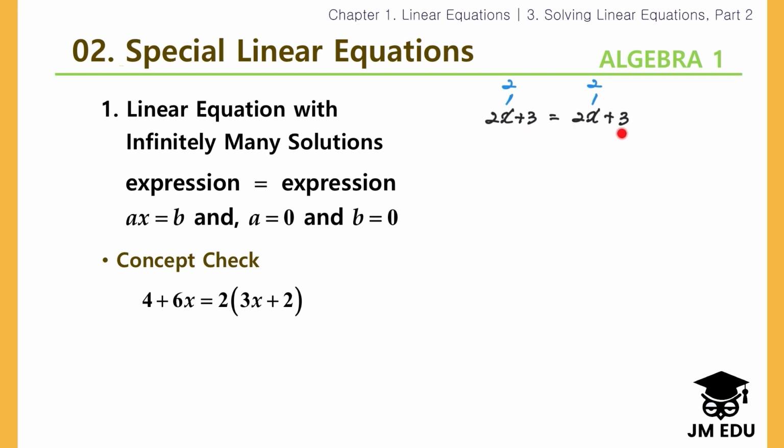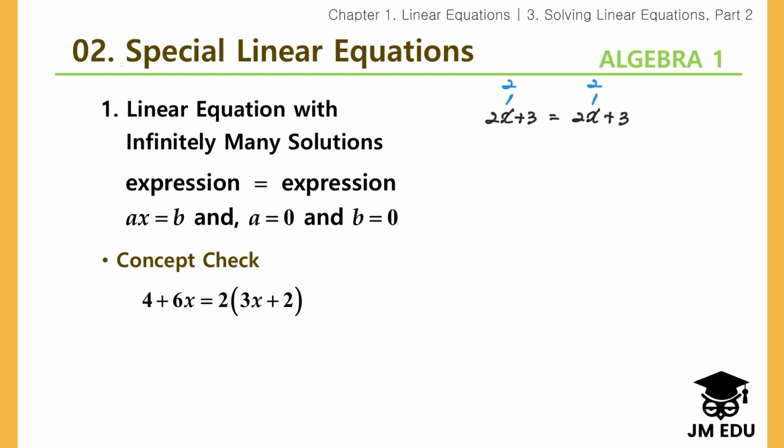The value on the right-hand side will be 7, right? So the solution of x can be 2, right? Any value you plug in for x, this is always equal to this, right? So this equation has infinitely many solutions. All of the numbers are solutions.